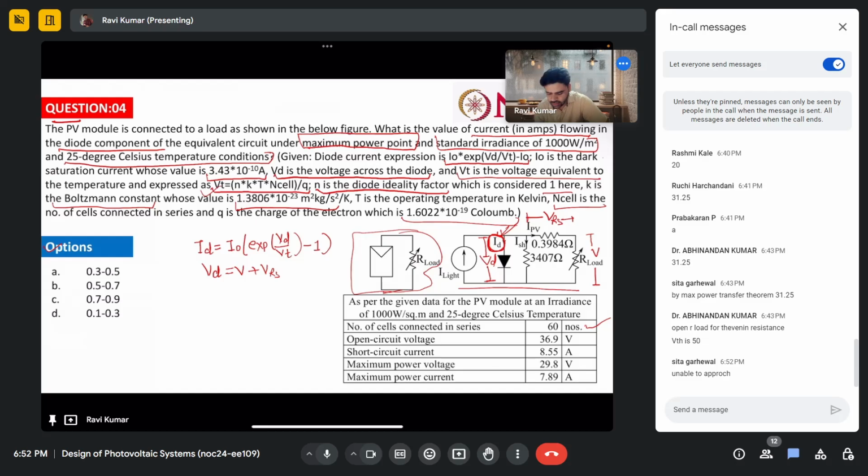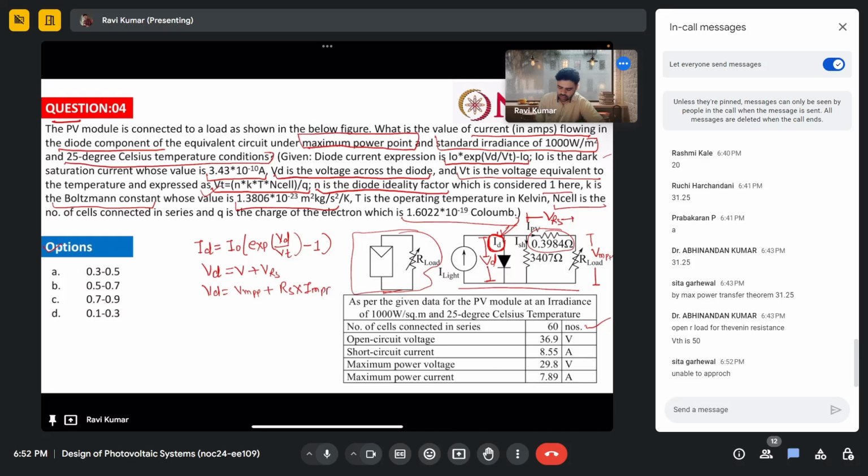Okay. See, this question is asking ID at maximum power. It means this voltage you need to take as VMPP, and this voltage will be the voltage across RS. So our VD will be equal to VMPP plus RS into IMPP.